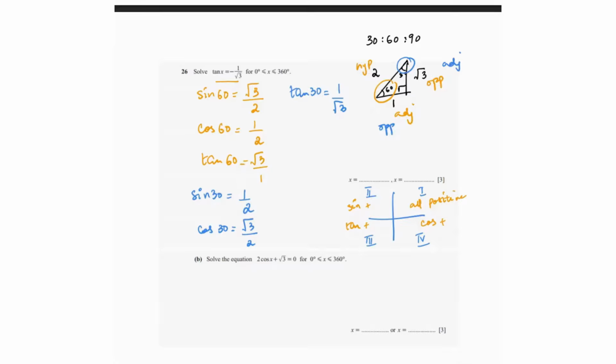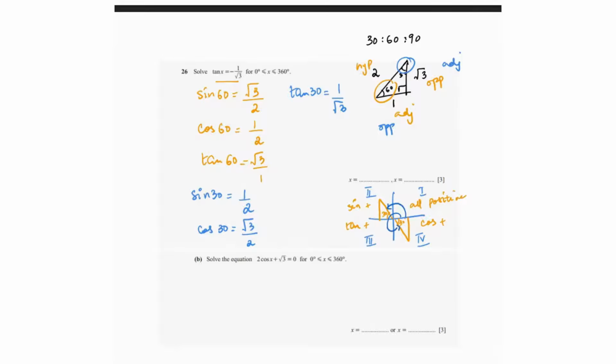So if we draw the triangle over here and over here, 1 over root 3 is when the angle is 30. So this is 30, and this is also 30. So your one angle is going to be 180 minus 30 and the other is going to be 360 minus 30.